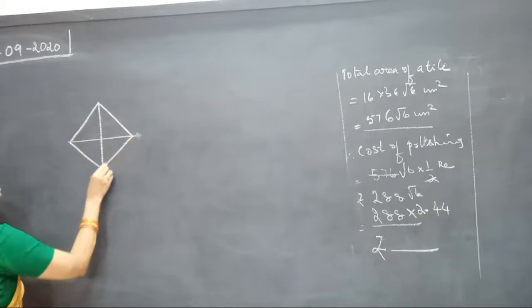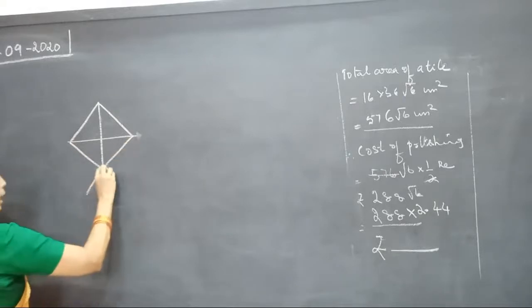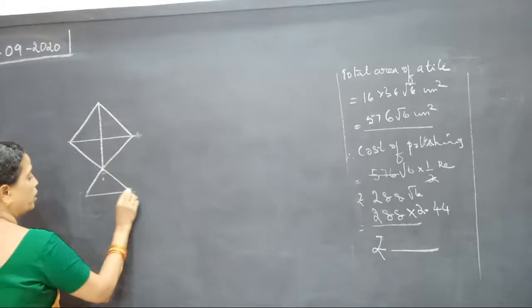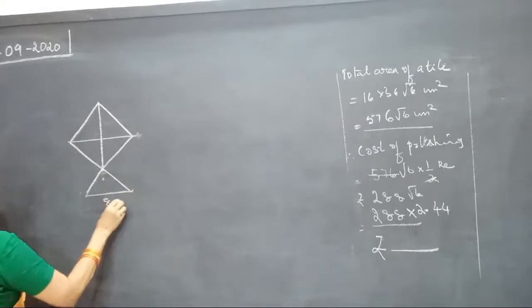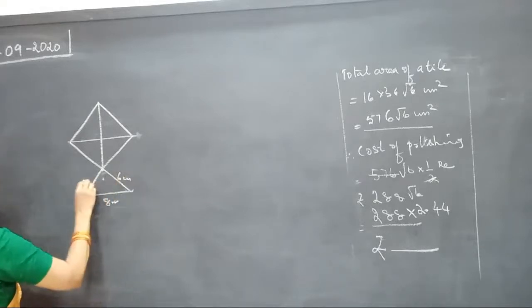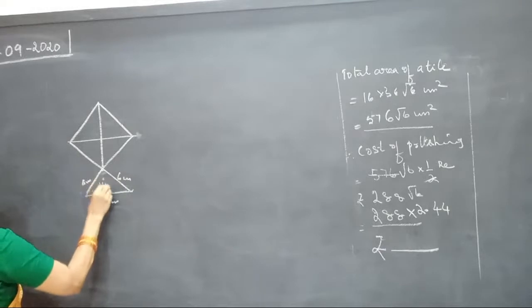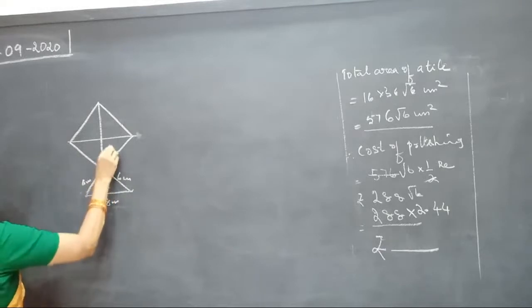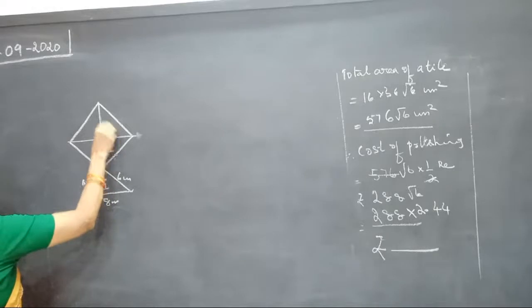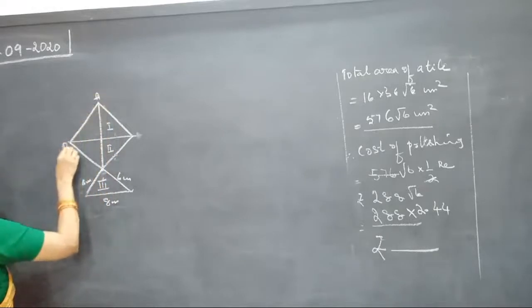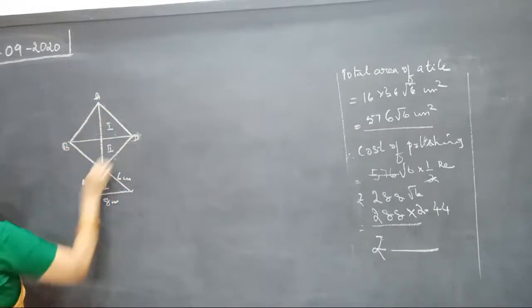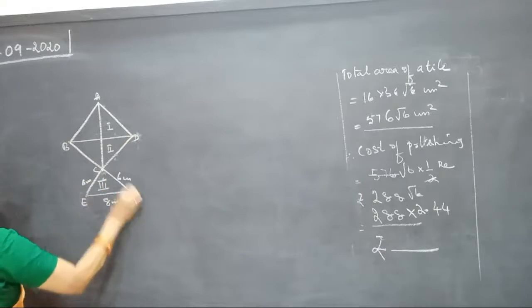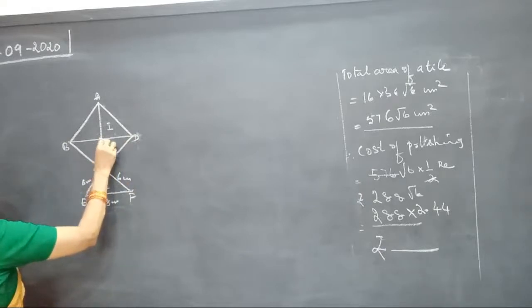You will get two triangular parts and the base isosceles triangle 8 centimeter, 6 centimeter, 6 centimeter. Take it as part 3, this is part 2 and this is part 1. Name it as A, B, C, D, E, F, this is O.